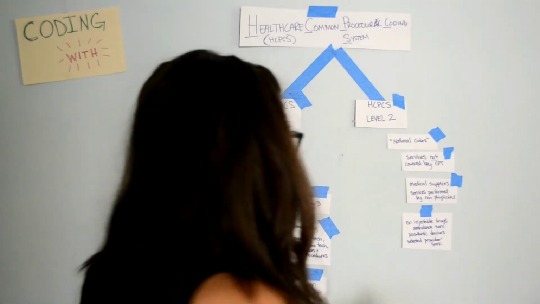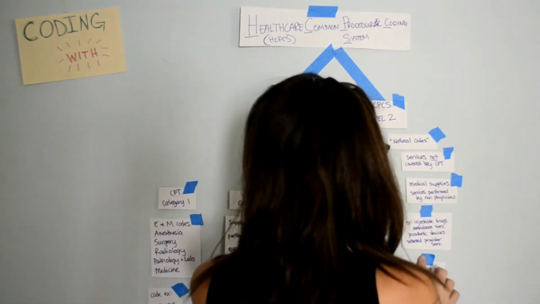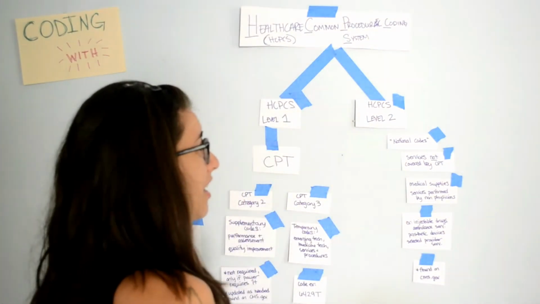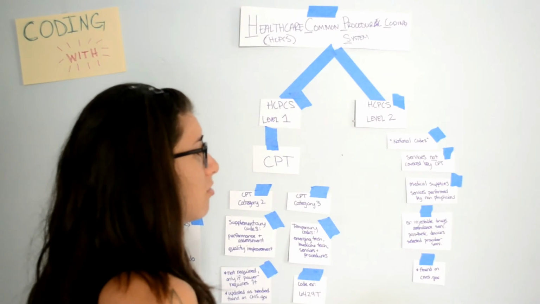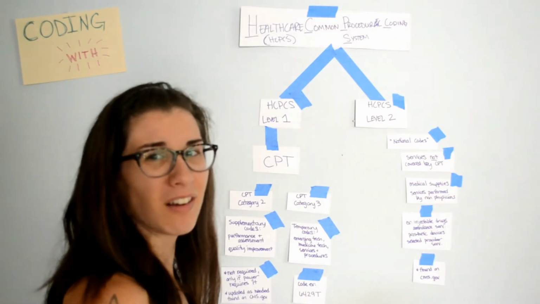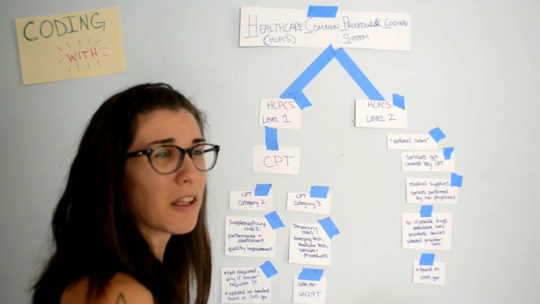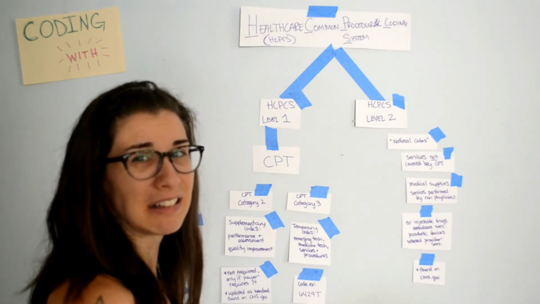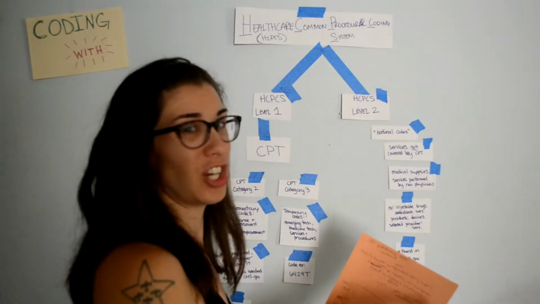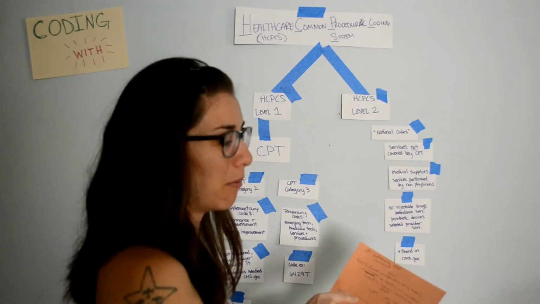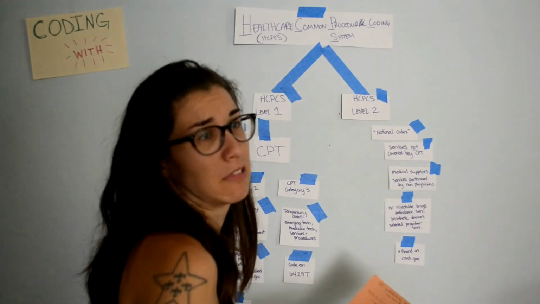And these are all found on the Centers for Medicare and Medicaid website. And if I remember correctly, HCPCS Level 2s, I don't know if they're only for patients that have Medicare and Medicaid. Because I wrote under here, under the general HCPCS description, received by Medicare and Medicaid beneficiaries.